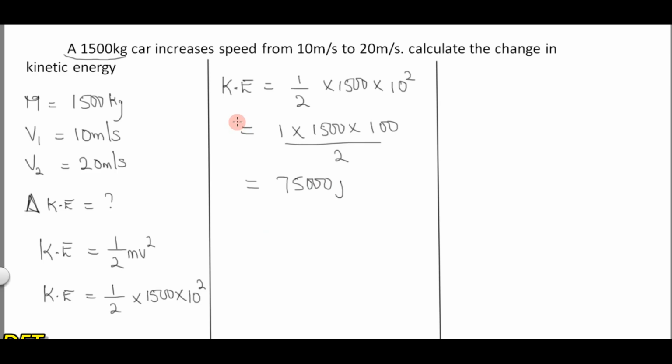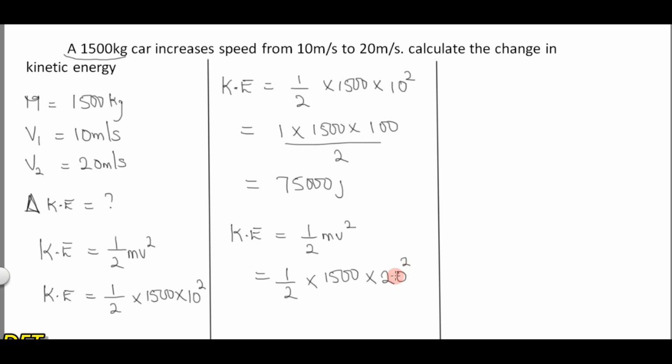Then I will look for the kinetic energy when the velocity is 20 meters per second, right? So kinetic energy is equal to half mv squared. So this will be equal to 1 over 2 times the mass of the car, which is 1500, times the second velocity, which is 20 meters per second.